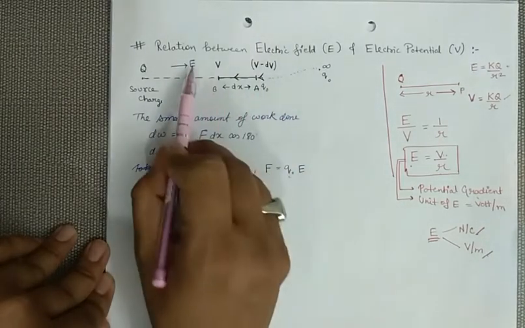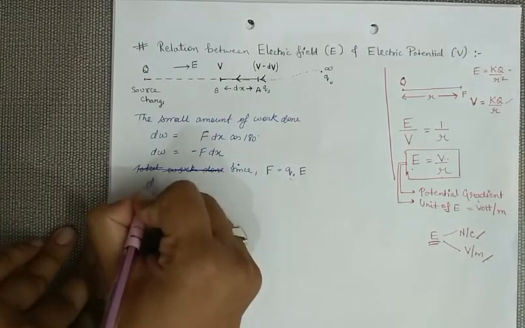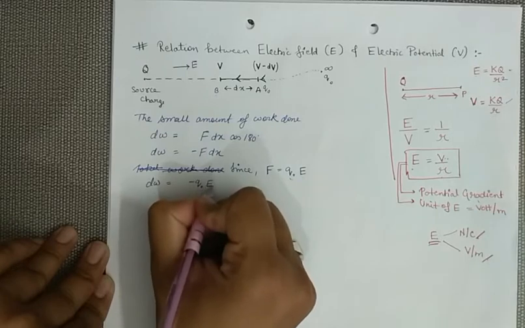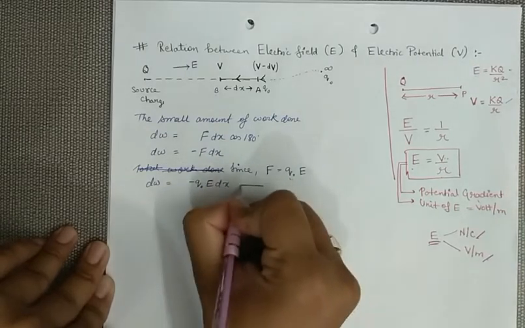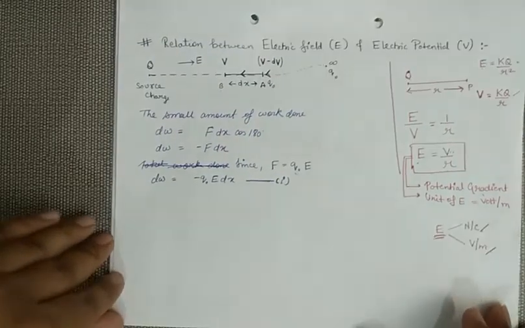So this charge is placed in the electric field, so it will experience a force F equals q naught times E. So let me mention it here, q naught times E dx. Name it as equation first. So this is my first equation.